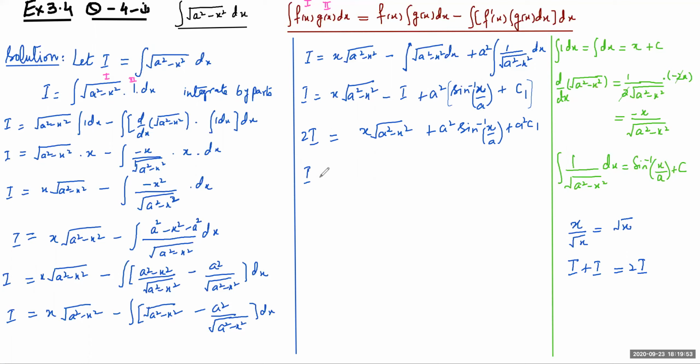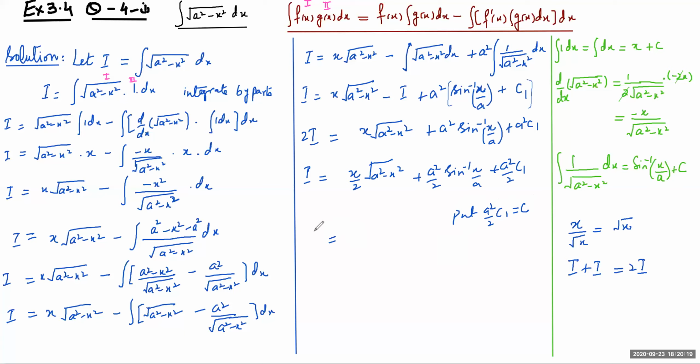You will get I is equal to x by 2 square root of a square minus x square plus a square by 2 sine inverse x by a, and then plus a square by 2 C1. Now put a square by 2 C1 is equal to C, and what will be your answer?